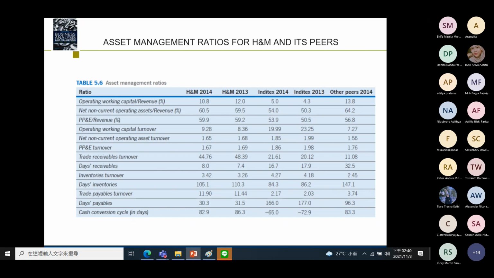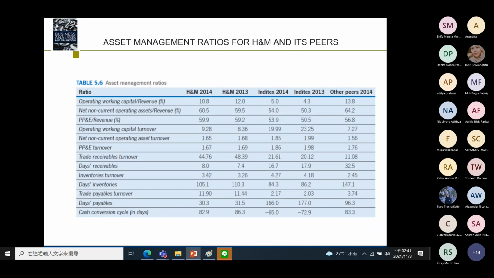Working capital management improved because of increases in trade receivables turnover and inventory turnover. The increase in inventories turnover is consistent with the information disclosed by HMM that because of improved consumer demand, it experienced less difficulty in selling its products and had to mark down its inventory less frequently in 2014.